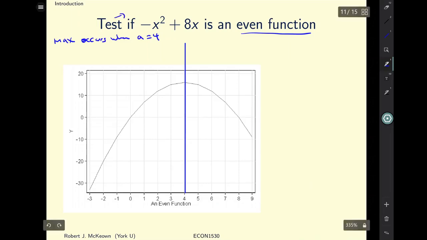And in order to test, we need to show that f of a minus x is equal to what? F of a plus x. And x is just some constant number.